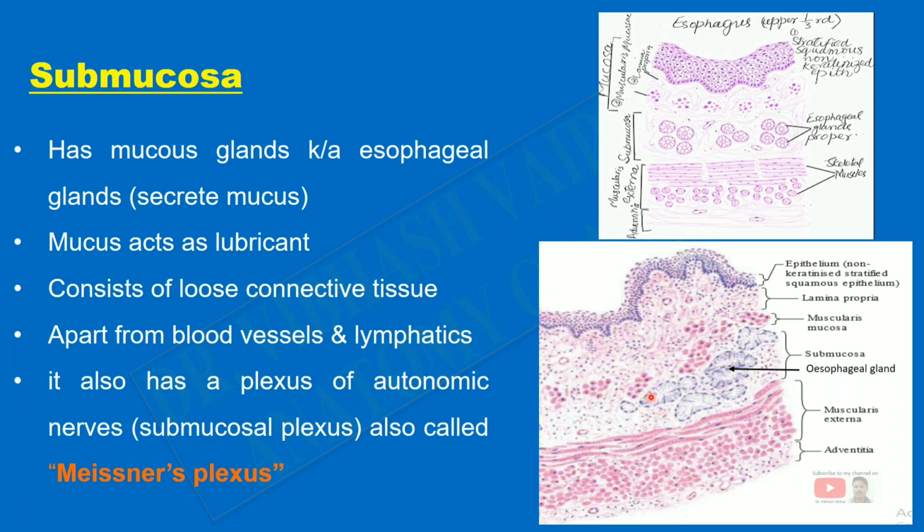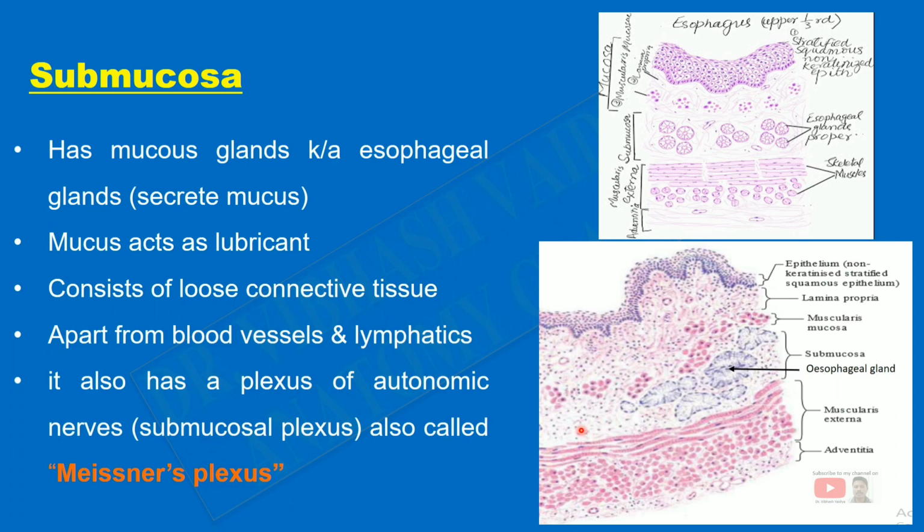Further, apart from this submucosal gland, this submucosal layer also consists of loose connective tissue. We can see here these are the loose connective tissue, and apart from the loose connective tissue, it has blood vessels.